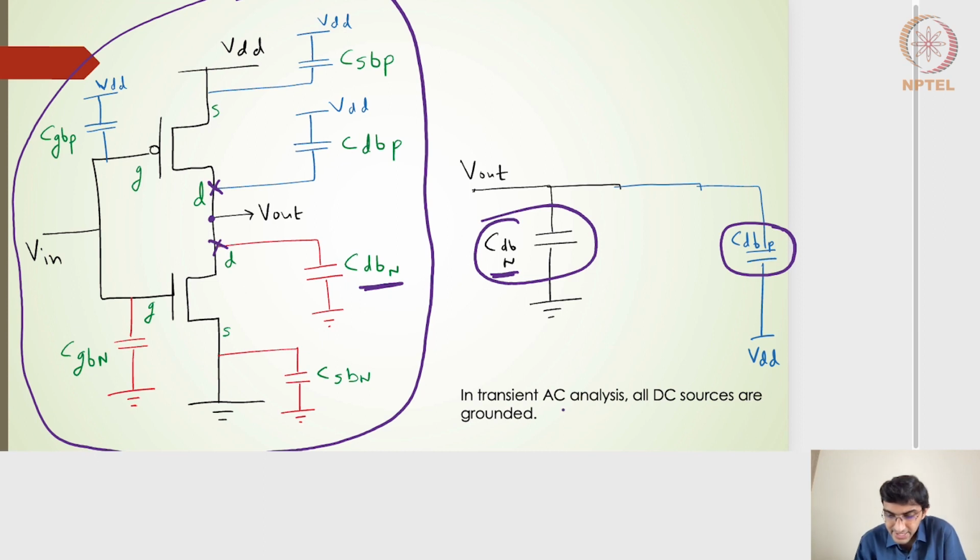And I've also written that in a transient or AC analysis, all the DC sources are considered differently. If I want to do a transient analysis, especially if I'm looking at the capacitances' charging and discharging profile, or rather the output, whether it is rising or decreasing, and then estimating the propagation delay falling or rising, looking at that particular 50% point in the output voltage profile, then we are doing a transient analysis.